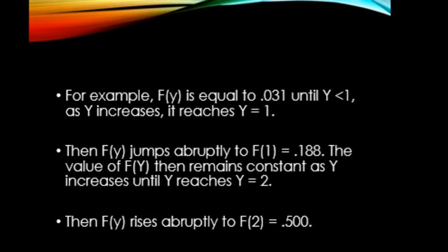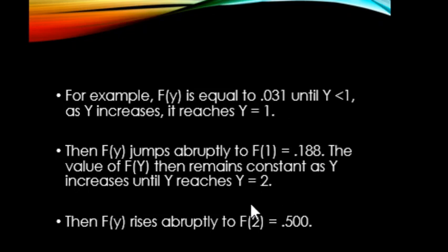Okay, and this further explains that binomial distribution example. So F of y is equal to 0.031 until y is less than 1. As soon as it reaches y equals 1, we add the probability at 1. So probability of 0 plus probability of 1 gives us 0.188.